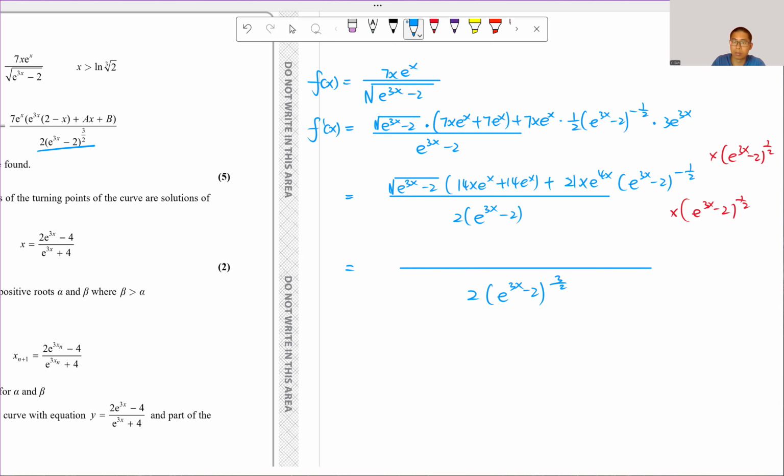And then the numerator gets multiplied by the same, so that'll be just e to the power 3x minus 2, because half plus half gives 1, times 14x e to the power x plus 14 e to the power x, and then plus 21x e to the power 4x.